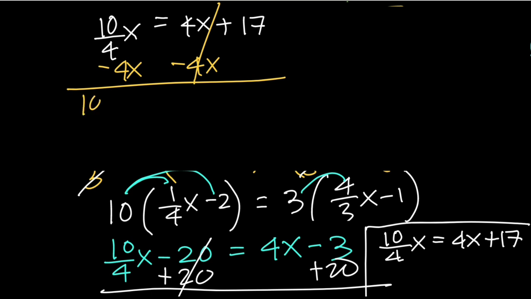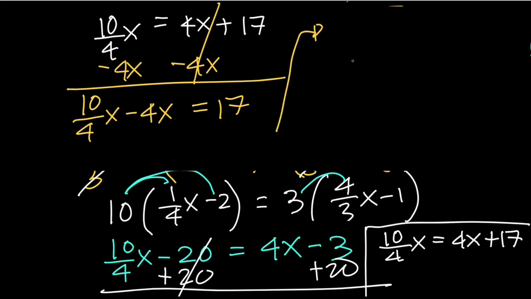So we have 10/4 x minus 4x equals 17. Now we can solve for x. We get the LCD, 4. So this is 10x minus, this is 4/1. 4 divided by 1 is 4. Then 4 times 4 is 16x equals 17.